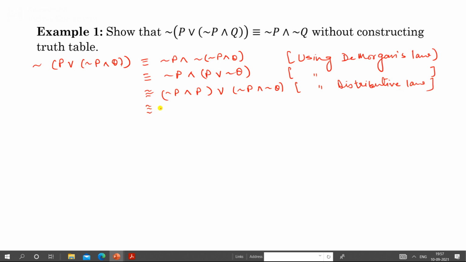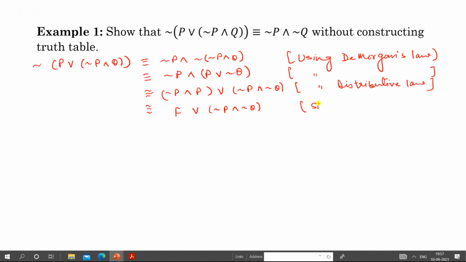Now this is equivalent to negation P and P, you know, this is false, or negation P and negation Q.